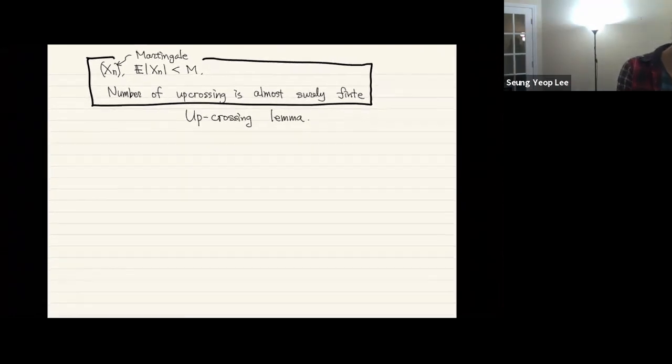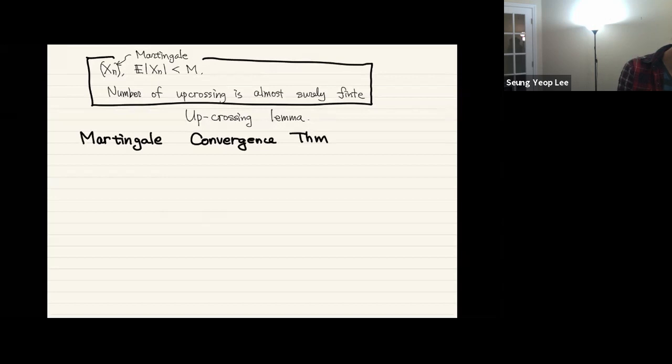Okay, so now let's start proving the martingale convergence theorem. Again, Xn is a martingale, and we will use this condition because I want to use this upcrossing. So that's bounded.